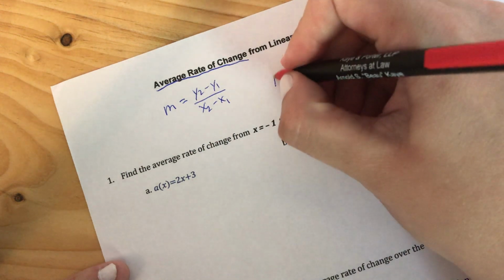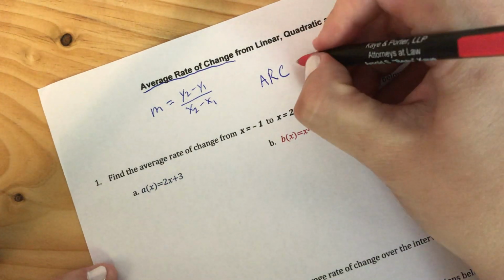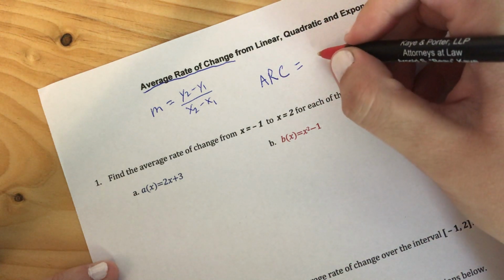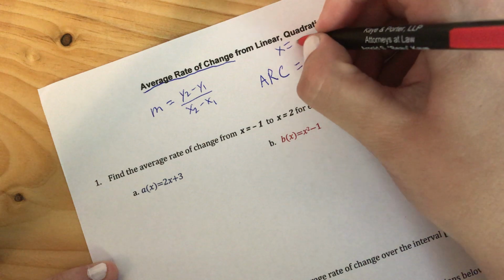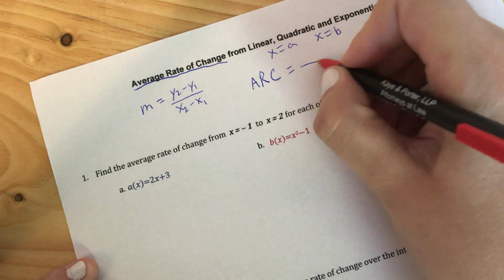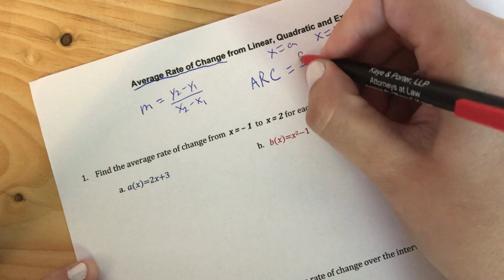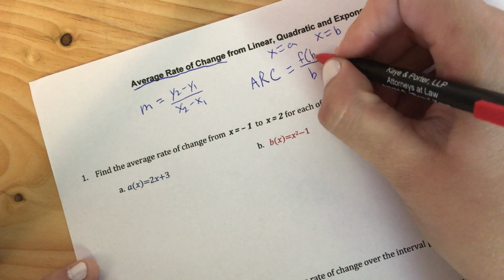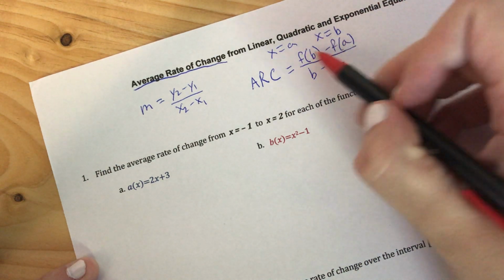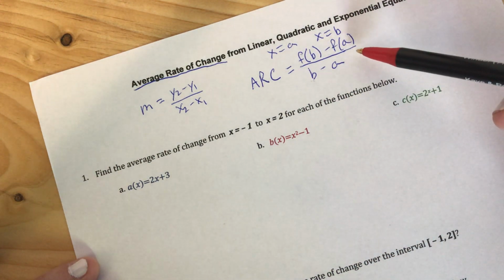How they write it for average rate of change, usually abbreviated as ARC, is let's say we have A and B as my two x values, so x is equal to A, and also x is equal to B. My average rate of change would be f of B minus f of A, all over B minus A. And if you remember from function notation, this is just the y value at the given x value. So that's your average rate of change.